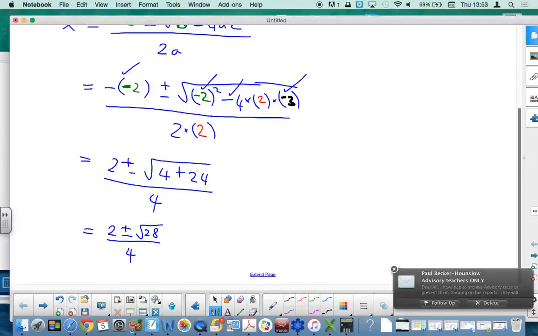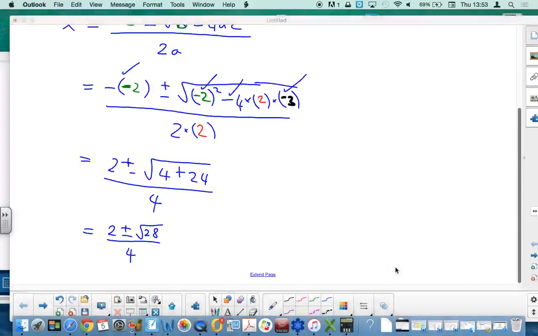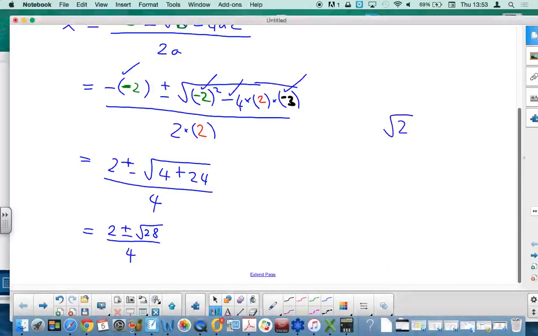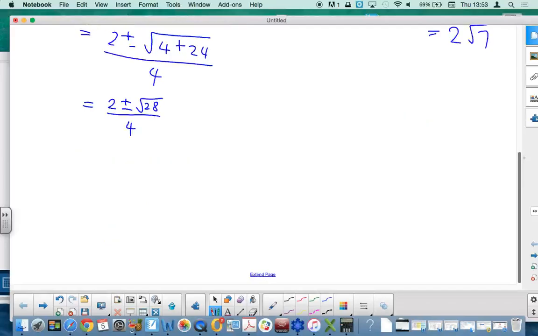So I'm thinking in my head, can I simplify the square root of 28? 28 is what, 4 times 7? Yeah. So if I want to be really smart, the third answer to this question is 2 plus or minus 2 root 7 all over 4.